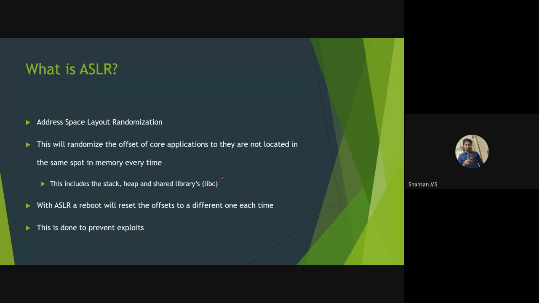That's all about ASLR, but ASLR can be bypassed easily using various techniques. We can bypass ASLR using ROP chains. It is an exploit which helps to access the address even if there is ASLR.